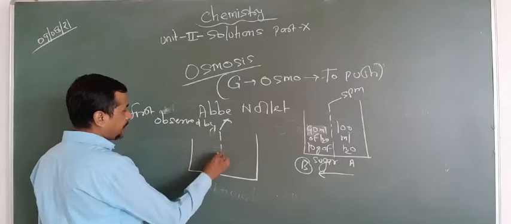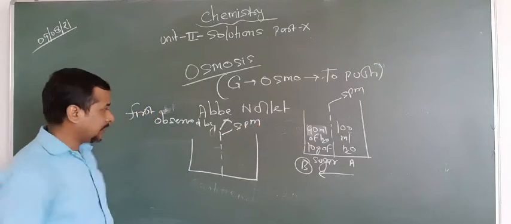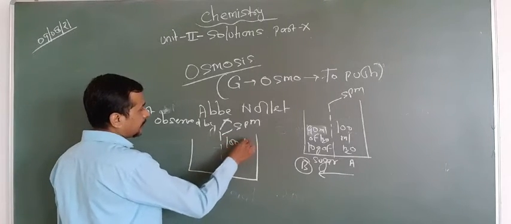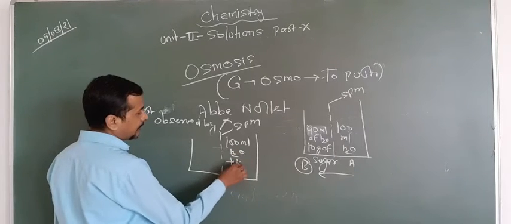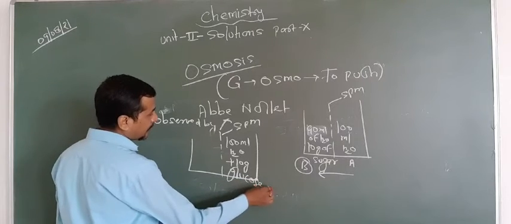One membrane is put up here, that is the SPM. Are you getting this point or not? Now again we have taken 100 ml of water plus 10 gram of glucose.